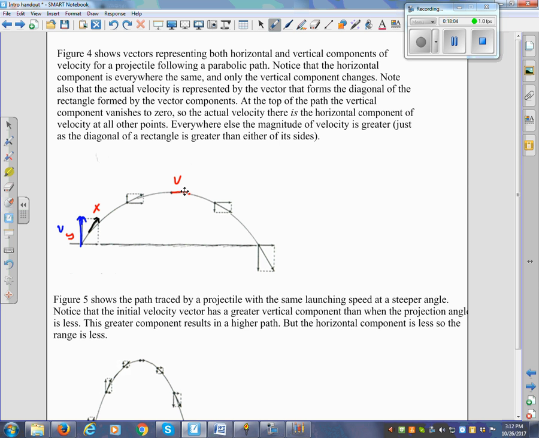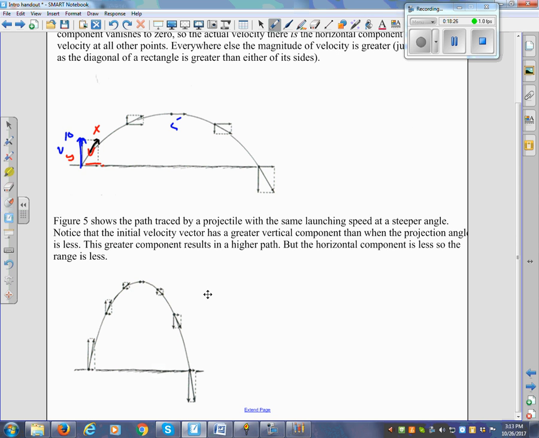So here, let's say the VX is 5 and the VY would be 10. Well, the total would be like 13 or so, right? What's the total going to be here? Just 5. So its overall speed is going to be the lowest at the peak, right? What if you're at a steeper angle?